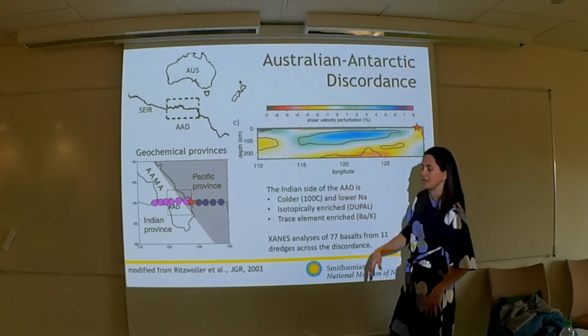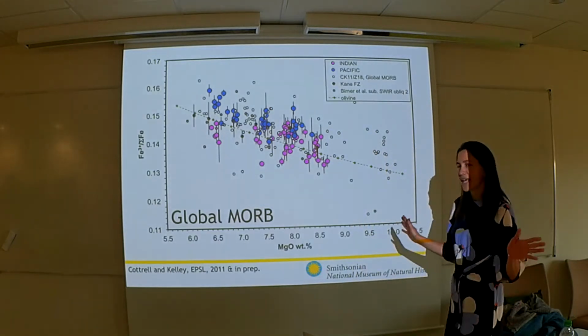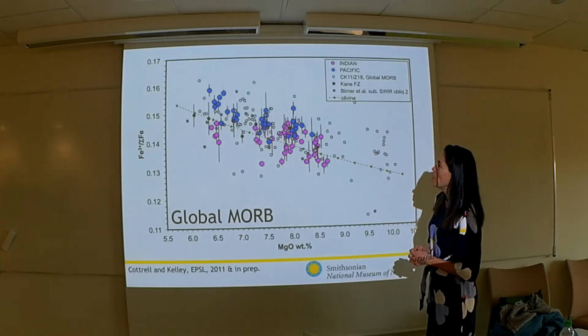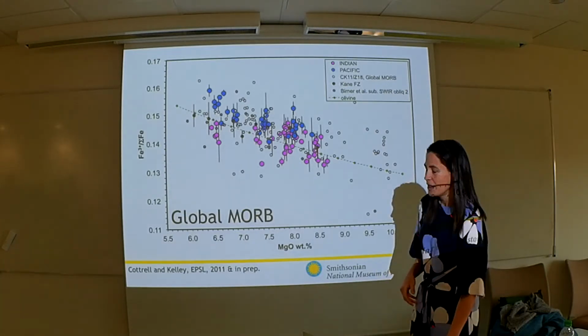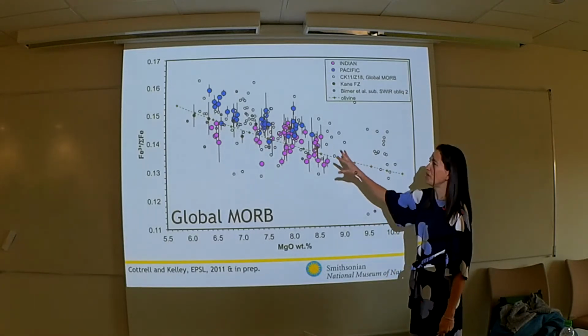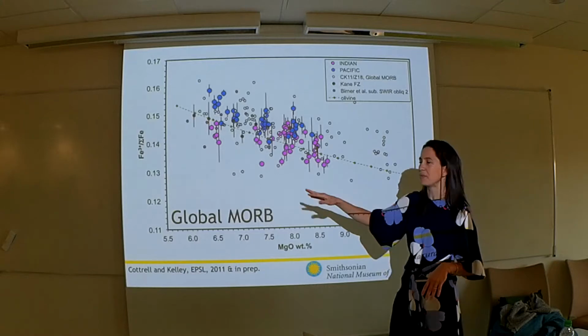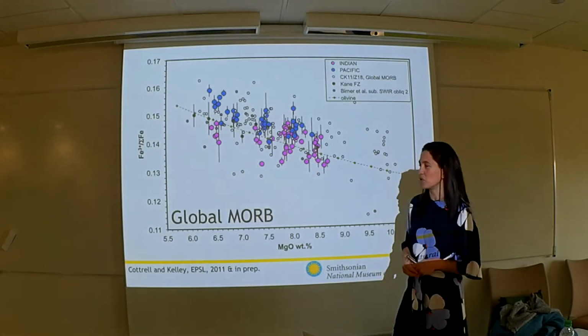And we did redox across that. Again, we were surprised by what we saw. Again, the Indian side is in pink, the Pacific side is in blue. The first thing we see is that all this new data continues the global trend of Fe3+ getting higher as you fractionate the basalt.